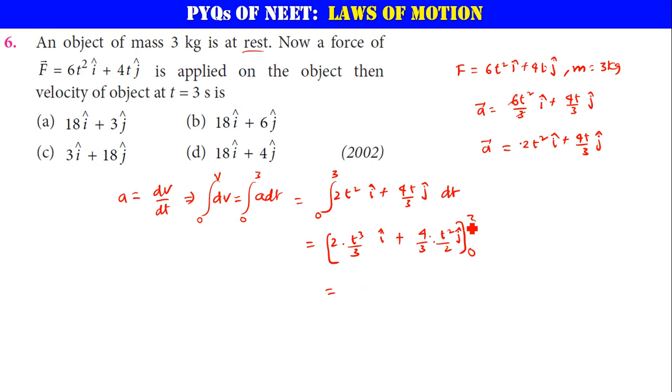Substituting 3: 2 into 3 cube is 27 by 3, that is 9, so 2 nines are 18 i cap. And 3 square by 3 is 3, 2 into 3 j cap, so 2 threes are 6 j cap. Alright, that is the answer, option B.